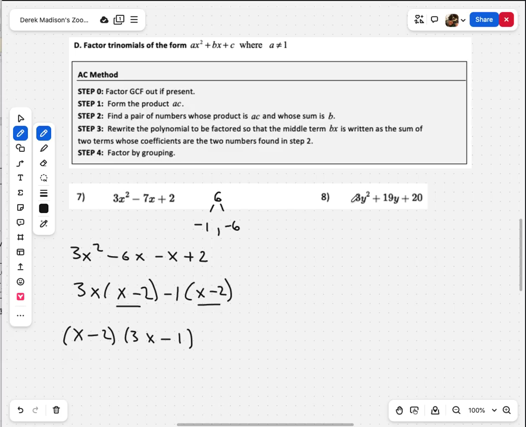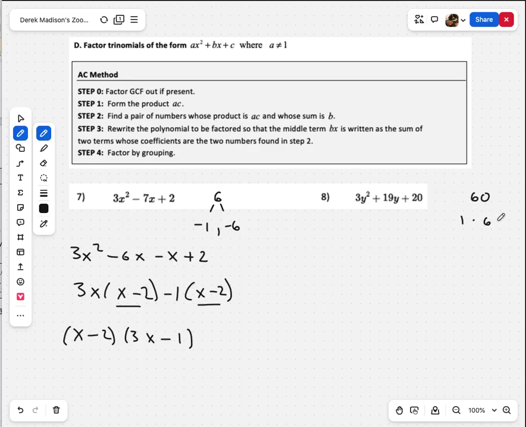Same thing over here with a little bit harder number. 3 times 20, so that would make 60. So I need two numbers that multiply to be 60 and add to be 19. A few more choices with 60, so if you can't spot what you should use, just start making the list of numbers.